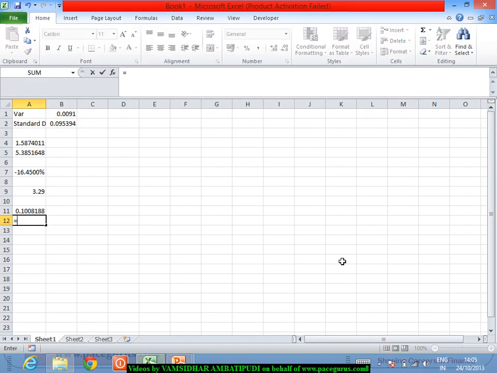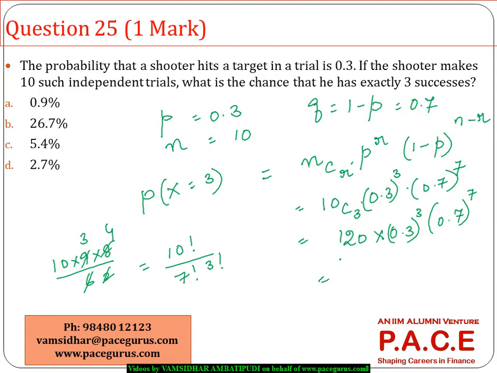Let's simplify it, working out to around 26.68%. Do we have an answer? Yes, we have 26.7% as the answer. So we can very well look at B as the option choice for this question.